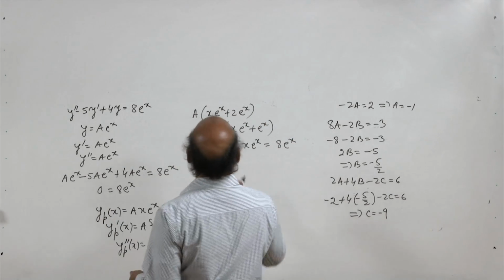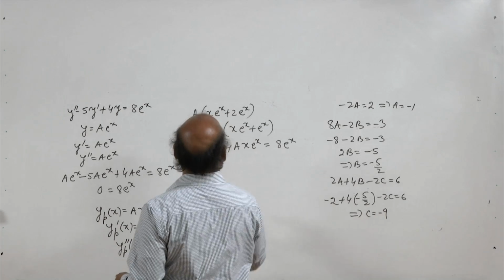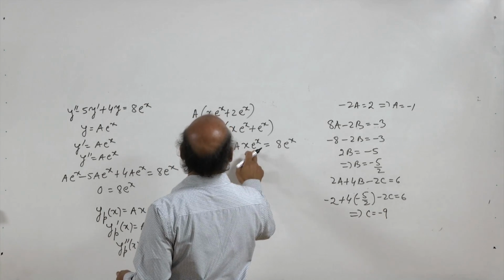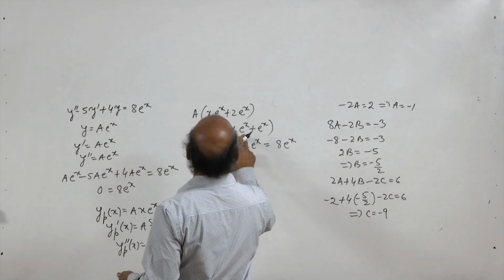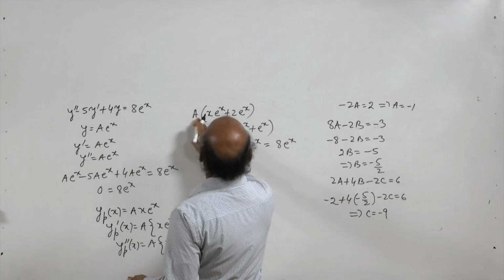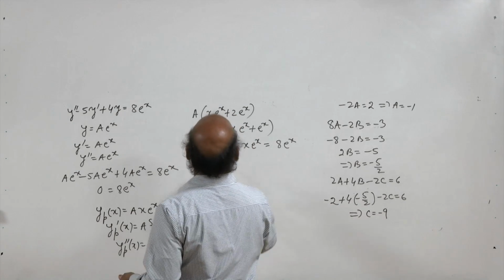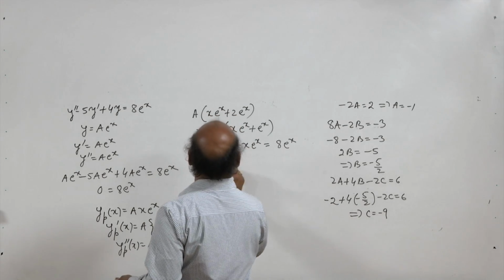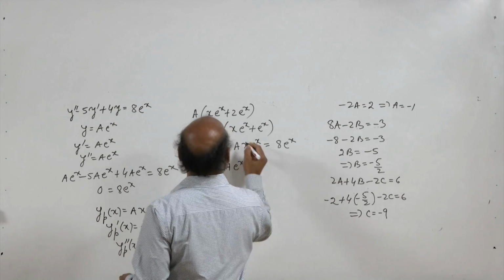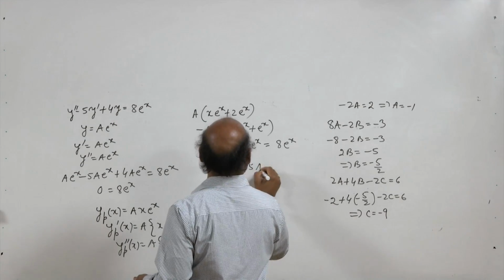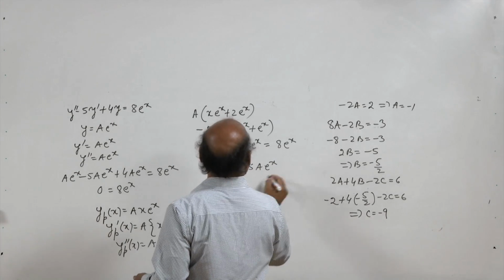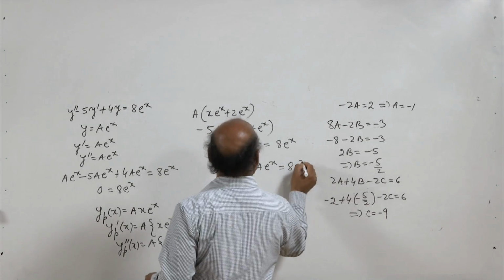Now, let us see what we get. So, a times x e to the power x, 4a times x e to the power x minus 5a times x e to the power x, they cancel, and what we get is 2a e to the power x minus 5a e to the power x equal to 8 e to the power x.